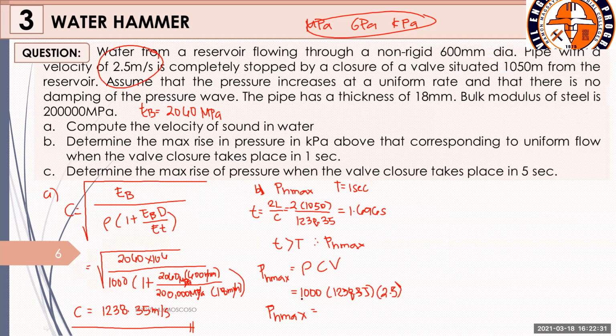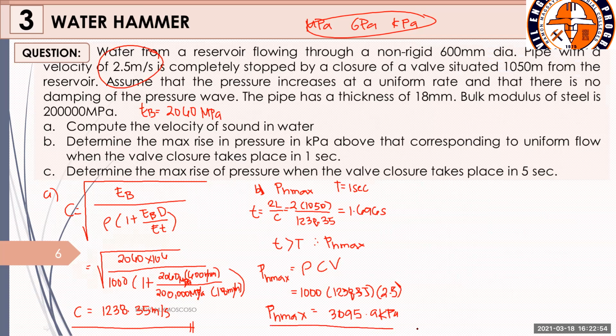Convert na lang daan sa kPa. Okay, so that would be 3,095.9 kPa.